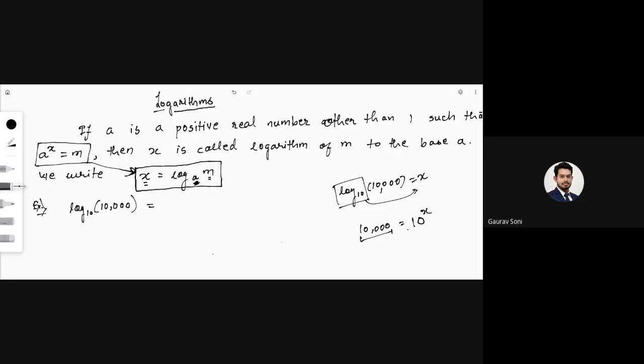So what power of 10 will give you 10,000? 10 raised to 4 is 10 into 10 into 10 into 10, so that will turn out to be 10,000. So log to the base 10, on the other side, takes this x as the power of this base: 10 raised to x. So x is 4.